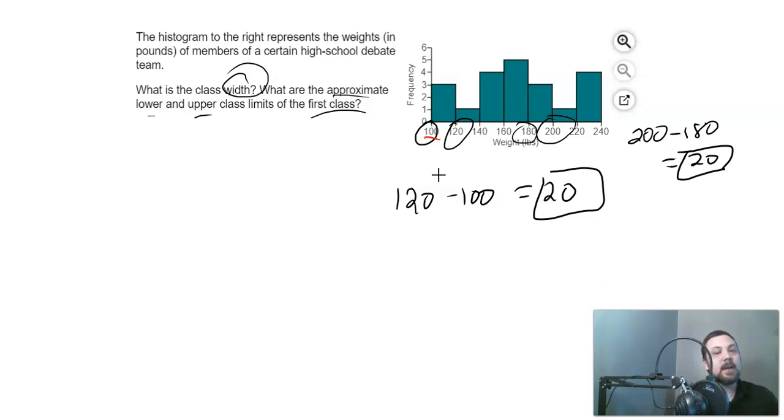And 100 seems like a reasonable, likely data value that you could get from weights. So I'm guessing more than likely this boundary is 99.5, and that 100 is really the lower class limit for that first class. So we're going to say the lower class limit for that first class is 100. The upper class limit for that first class is the 120, even though they're using it as the boundaries in this graph.